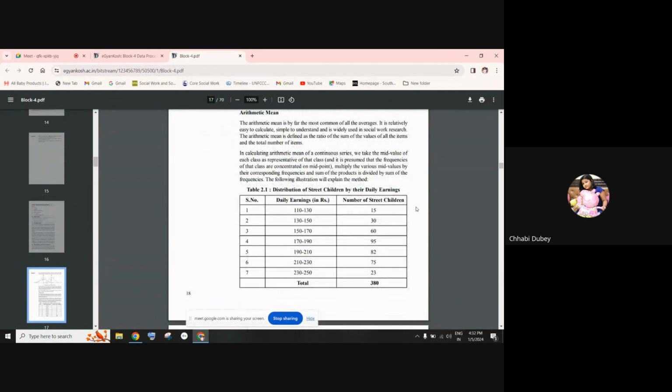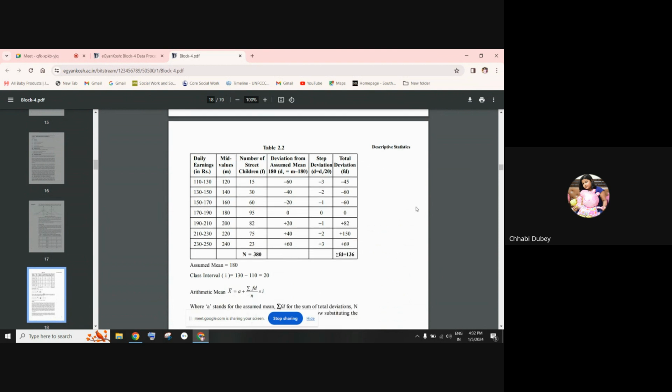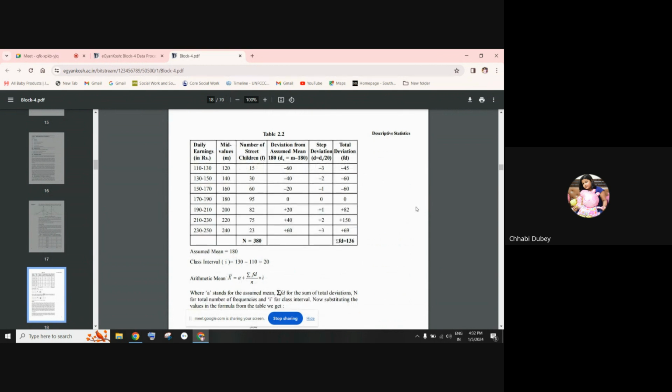Now it is already shown here. So you have this table where you have these two variables, the daily earning and the number of street children. Depending upon this, we will find out the mid values in each of these classes. We have the number of street children. Then we will find out the deviation from the assumed mean. Say it is 180. So we will calculate the deviation from the assumed mean, how less or how more the deviation is.